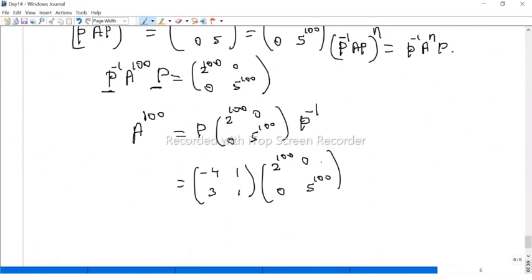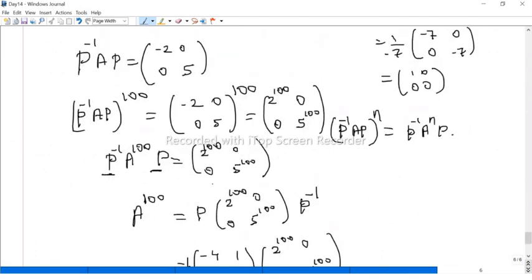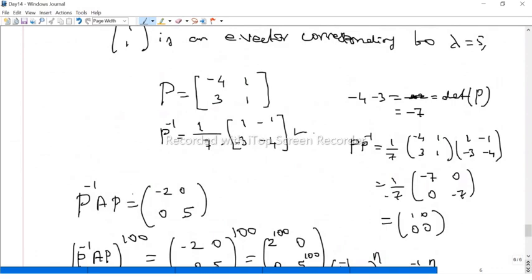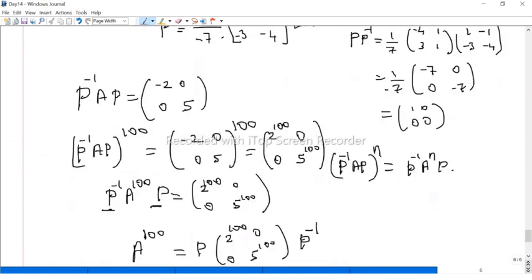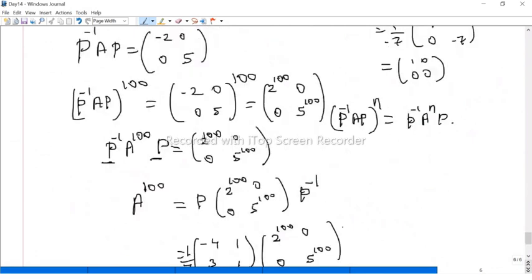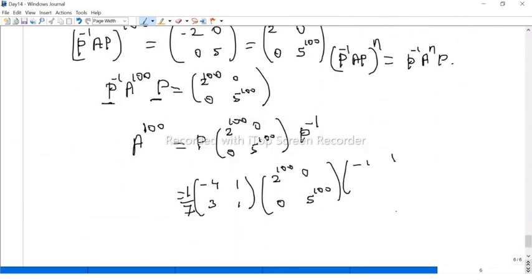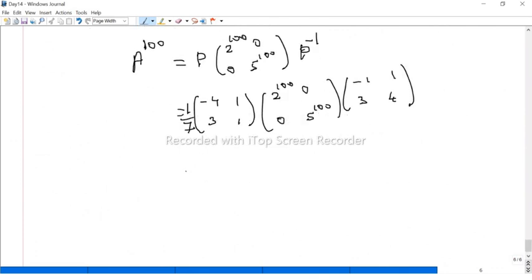You can multiply the minus inside, and I am taking the 1/7 outside, therefore 1/7 times. Multiplying the minus inside, the first row is -1, 1, and the second row is 3, 4. I think I'm correct. Now this is a 2 by 2 matrix.